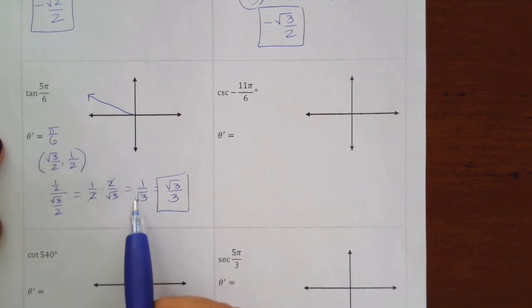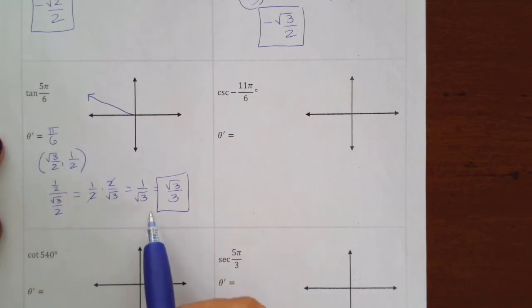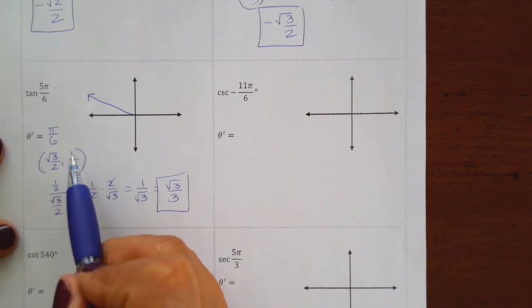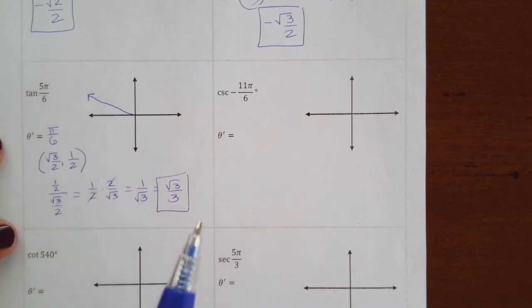So notice what you're left with. You're left with the numerator of y over the numerator of x. That's going to happen all the time, and you can do it a few times until you believe it, but that will always happen. So I knew automatically that the tangent was 1 over the square root of 3. I didn't have to go through this, but I wanted to show you so you would know that.